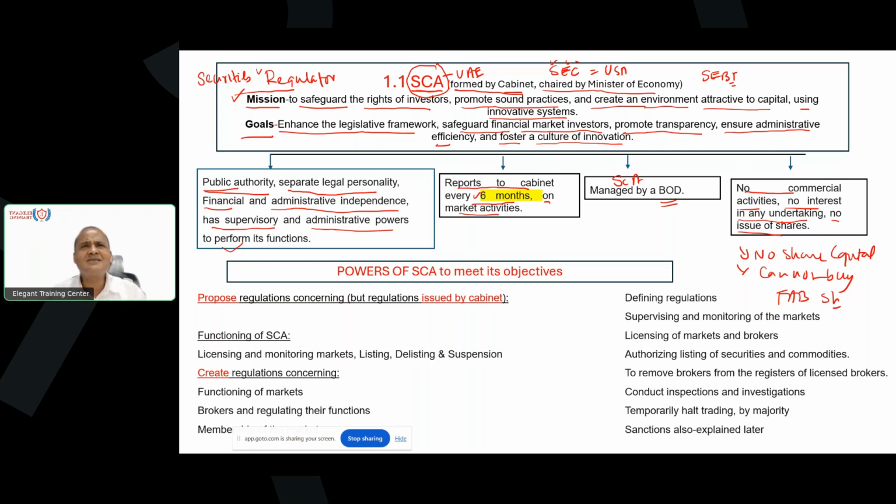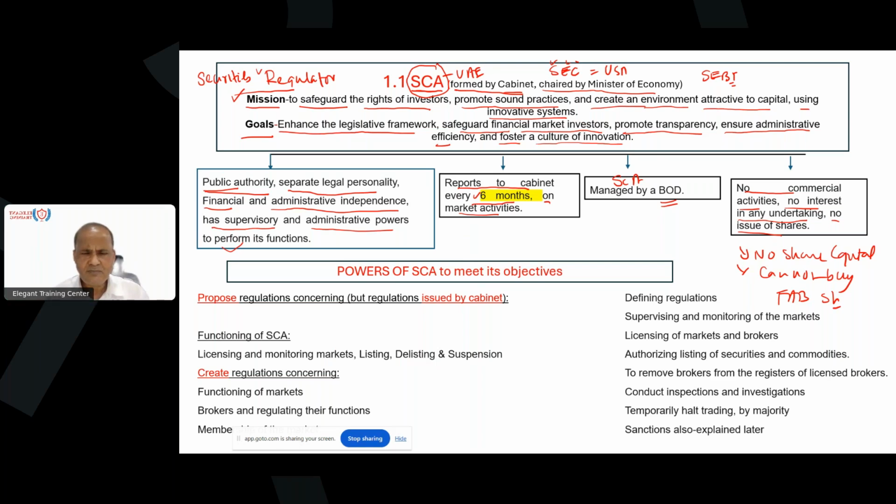Why do we invest? To make money. SCA's intention is not to make money. They are regulators, not into commercial activities. Their intention is to safeguard investors from fraud, misappropriation and other problems. That is the main purpose of the regulator SCA.